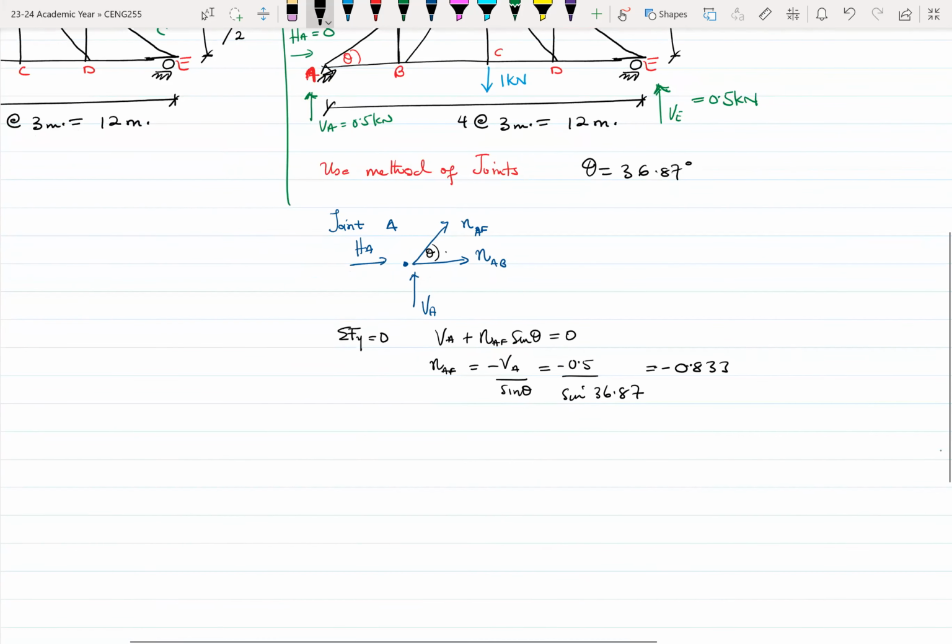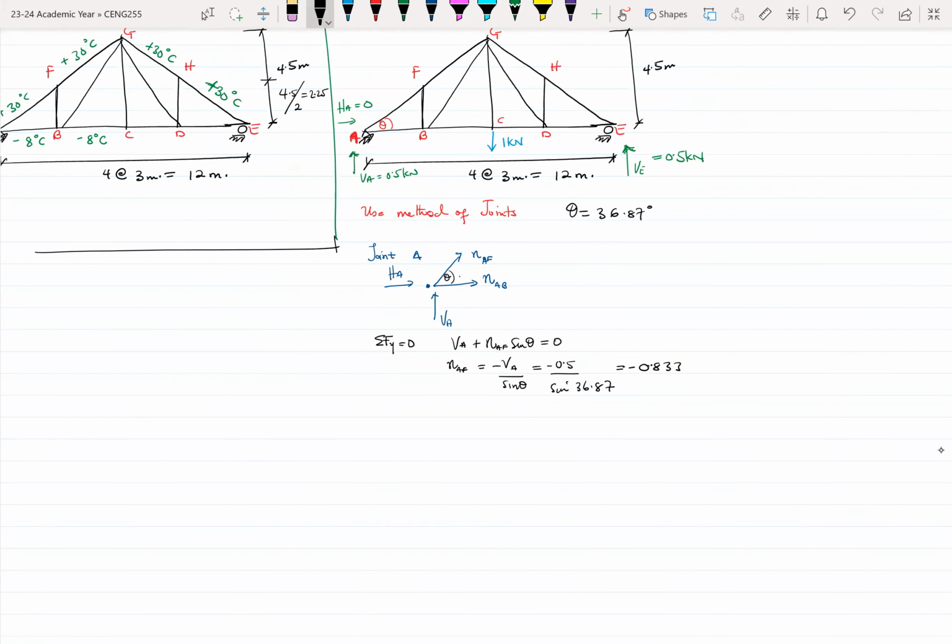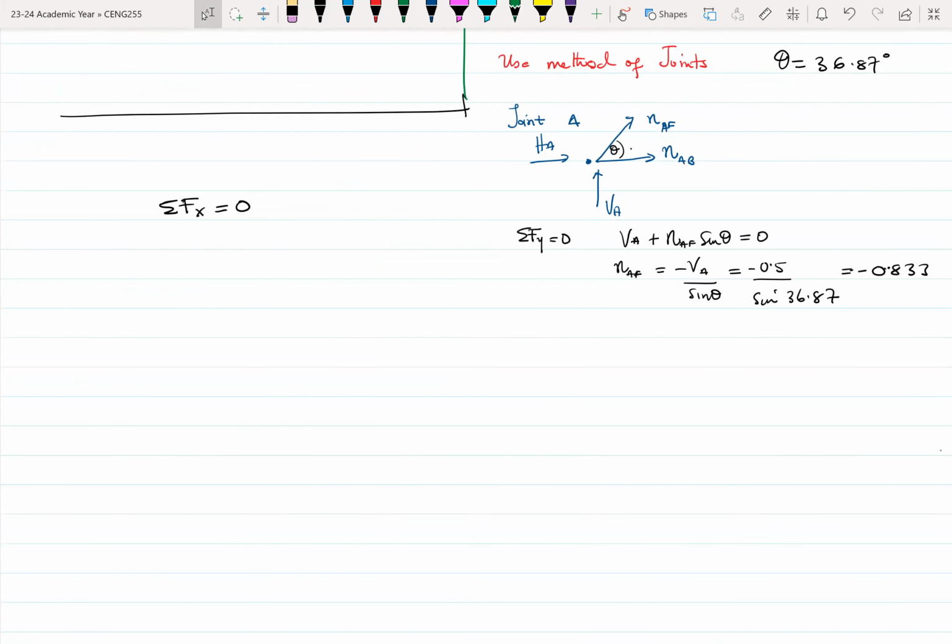Then we can also find the second one. If you do summation of forces in the x direction equals 0, this means that N AF cos theta plus N AB plus HA equals 0.